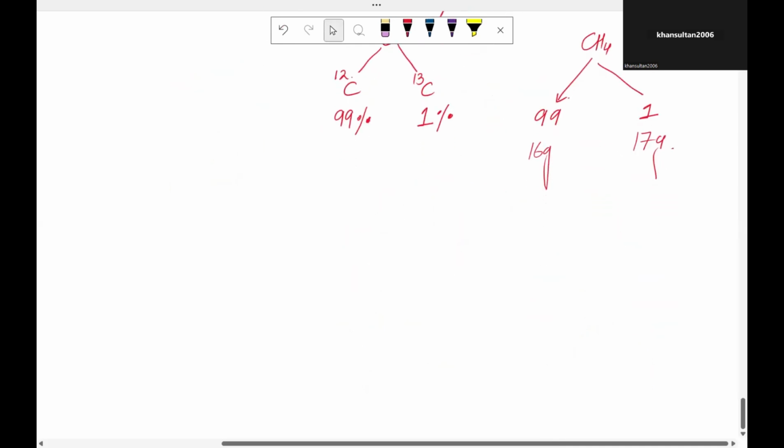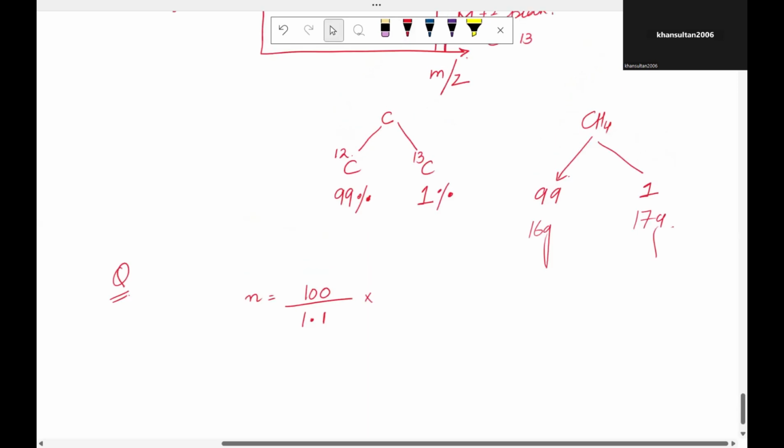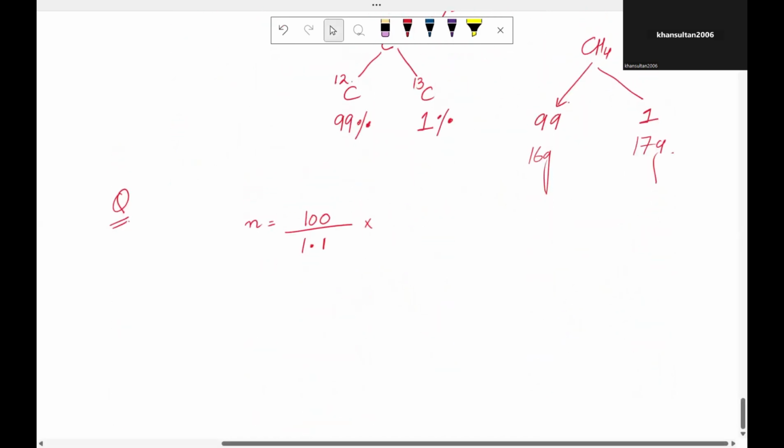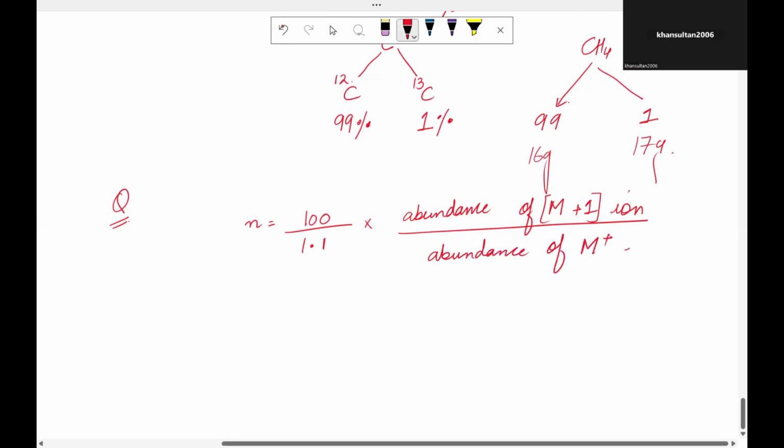There might be a question asked in the exam in which there is a general formula we are going to apply. n is equal to 100 divided by 1.1 into the abundance of M plus 1 ion, over the abundance of only M positive ion.